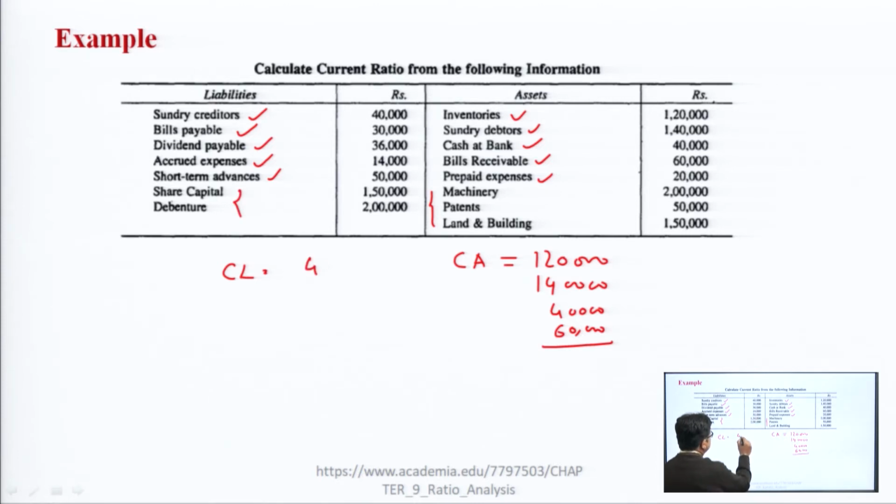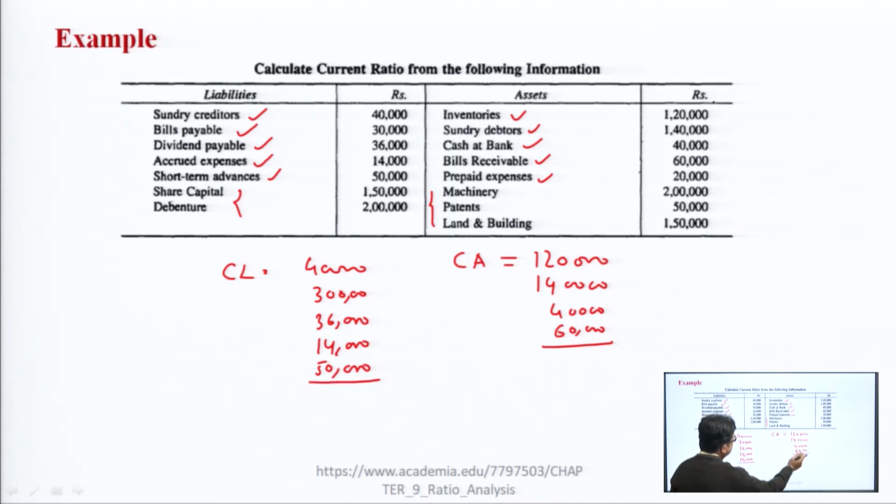Now, 40,000, 30,000, 36,000, 14,000 and 50,000. Okay, 5 items here and 5 items. I think I left one, 60,000 and 20,000. Sorry, I left one. Now 5 items here. Okay, 5 items and 5 items.